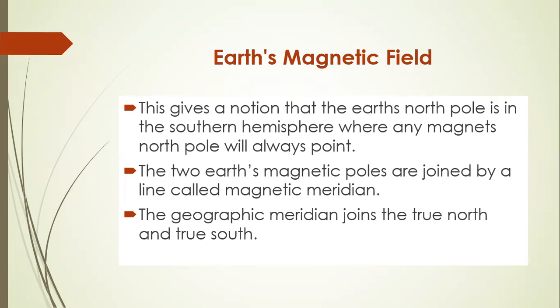The two Earth's magnetic poles are joined by a line called the magnetic meridian, the line that joins the north magnetic pole and the south magnetic pole. The geographic meridian joins the true north and the true south.